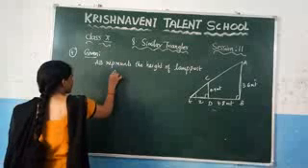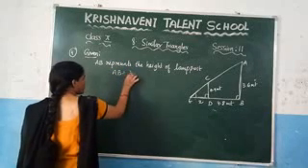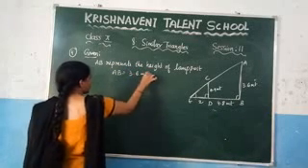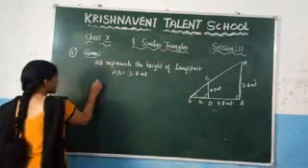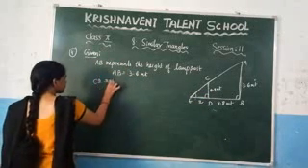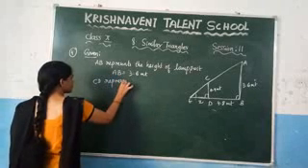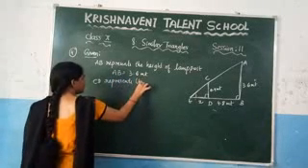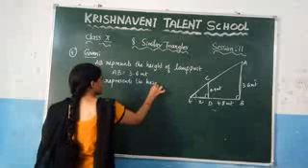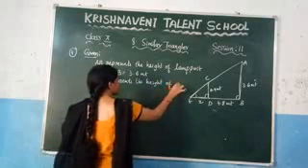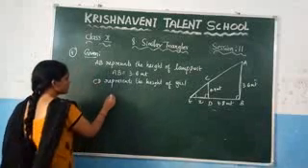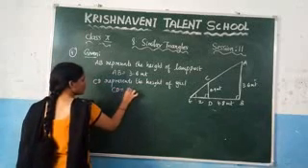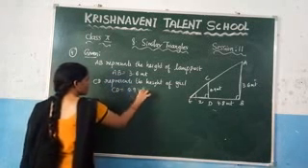And how much they have given? AB, which is 3.6 meters. And what is CD? Which is nothing but the height of the girl. CD represents the height of the girl. How much the height of the girl they have given? CD is equal to 0.9 meters.